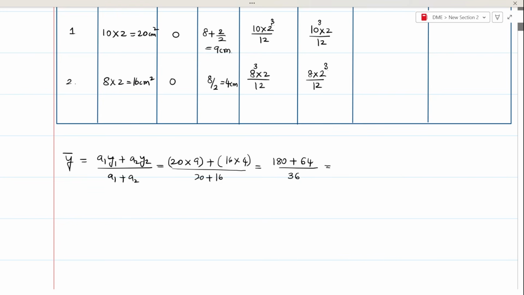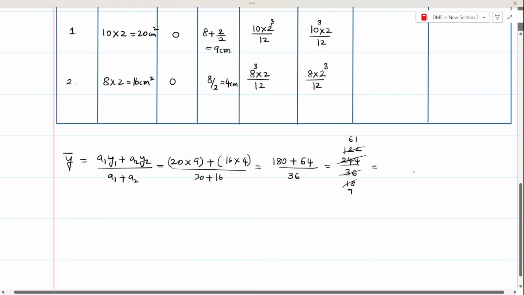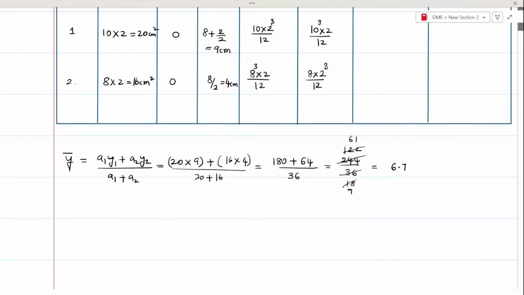Now this is 244 divided by 36, which is a value slightly lesser than 7. Upon calculation, we get approximately 6.77 centimeters. That's y bar.